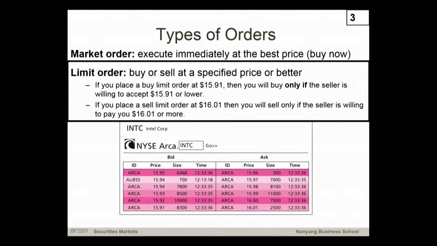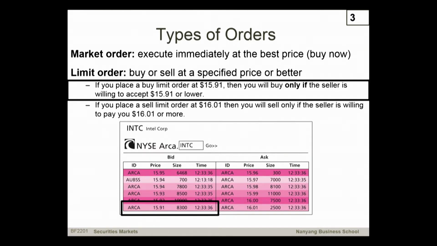A limit order is an order to buy or sell if the price is at a particular level or better. For example, let's take a look at a limit buy order. With a limit buy order, I'm only going to buy the shares if the seller is willing to accept $15.91 or lower.